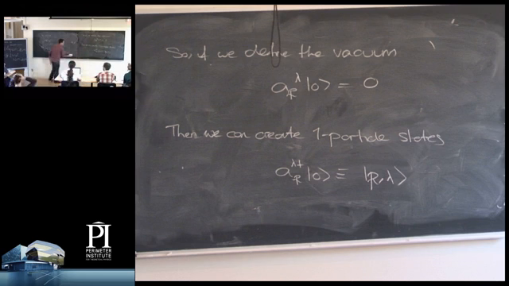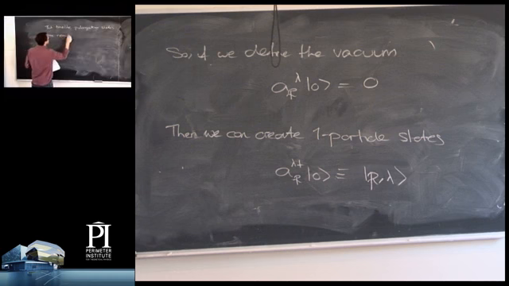These are labeled by momentum and polarization, lambda. But the states that we get from the time-like polarizations are very weird indeed. They're not something we've ever come across before in quantum theory because they have negative norm.